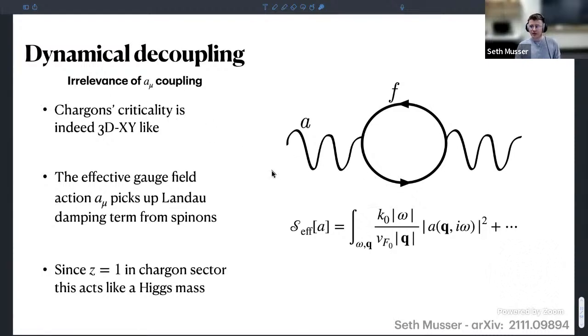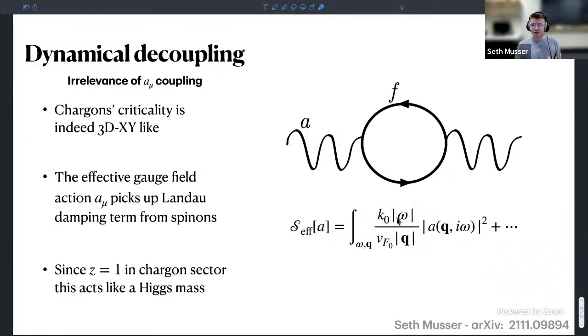Great, so let's talk about the irrelevance of the emergent gauge field A. If you do some kind of analysis where you integrate out the spinons with a diagram like this, you'll pick up this Landau damping term, which I've just written here.